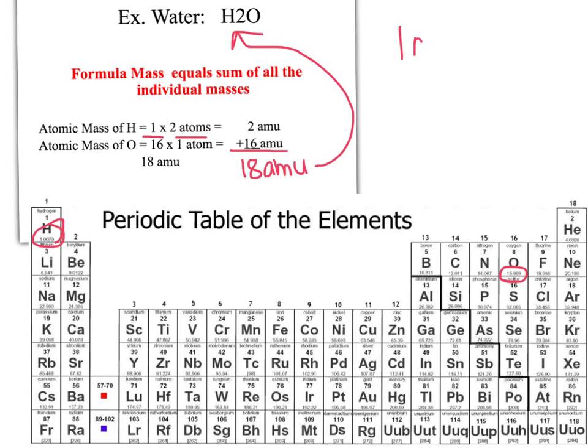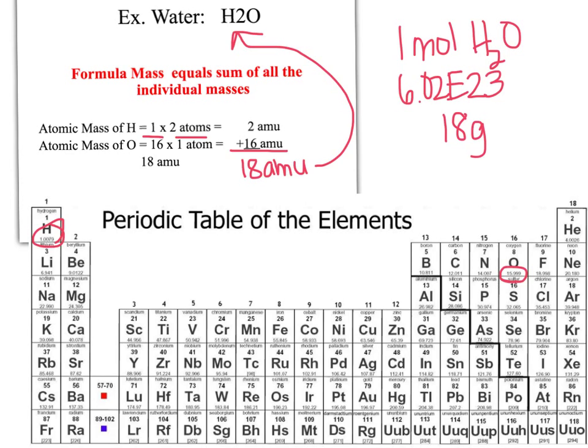But a mole of water, an entire 6.02 times 10 to the 23rd molecules of water, would weigh 18 grams. And this would be called the molar mass. 18 grams of water would be 6.02 times 10 to the 23rd molecules.